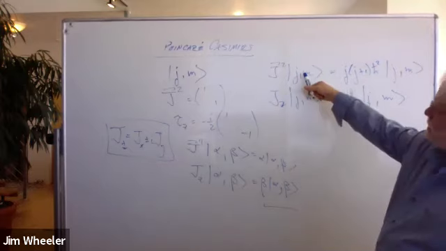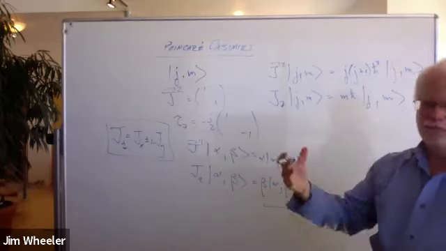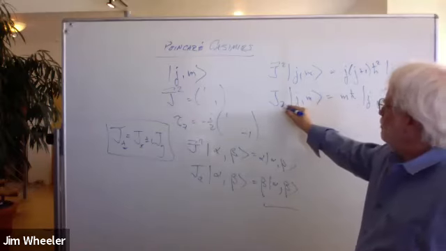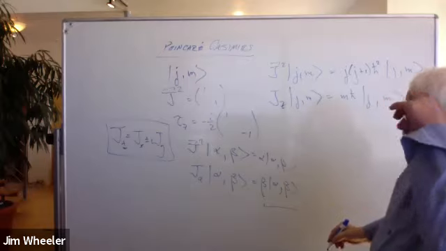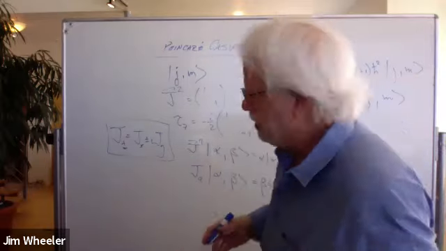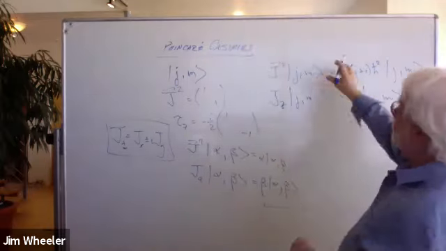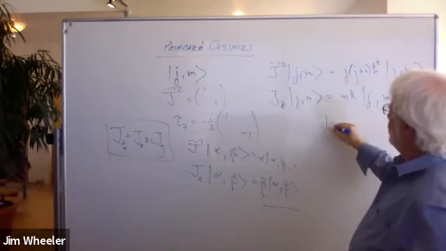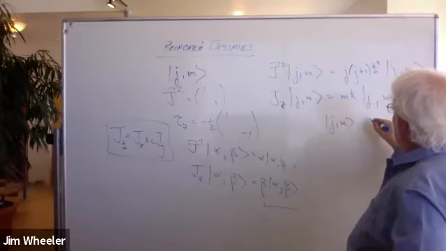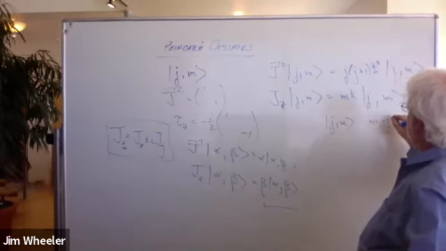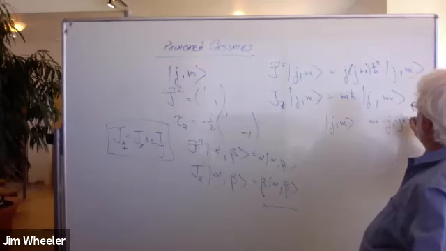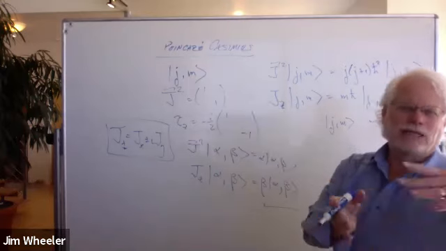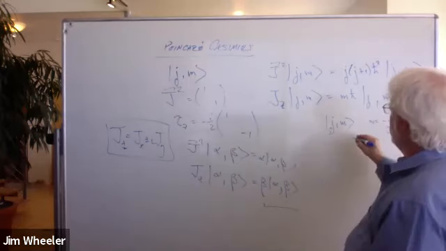So these are code for those eigenvalues. Fine, we all know what those mean. Now we can find out the dimension of these vector spaces. M runs from minus j all the way up to j. So you have numbers 1 to j, minus 1 to minus j, plus 0, which is 2j plus 1.